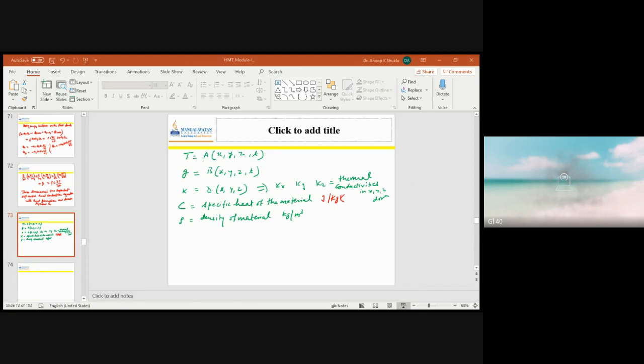and temperature is a function of position and time. Heat generation G we have taken in watt per meter cube, so the unit of this is watt per meter cube, volumetric heat generation per unit volume. C is the specific heat of the material, joule per kg Kelvin, and ρ is density.